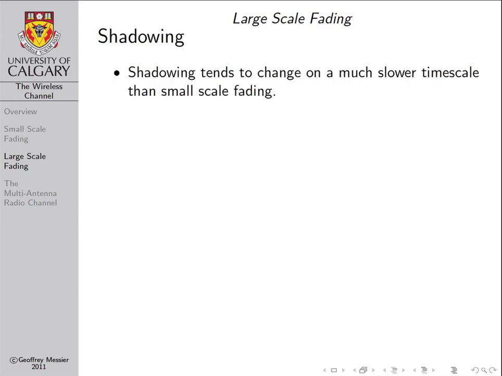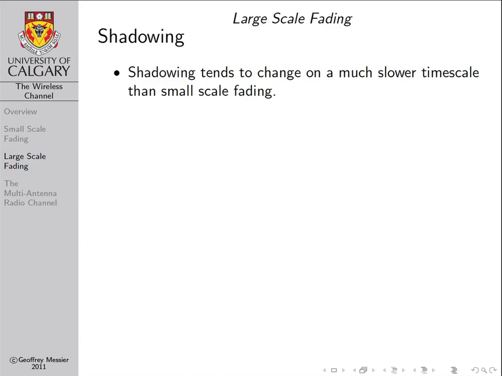The last thing that we should talk about with shadowing is its rate of change. Shadowing tends to change on a much slower time scale than small scale fading. In many ways, the shadowing factor and the small scale fading factor are quite similar. They're random parameters that cause fluctuation in the received power of the wireless signal.